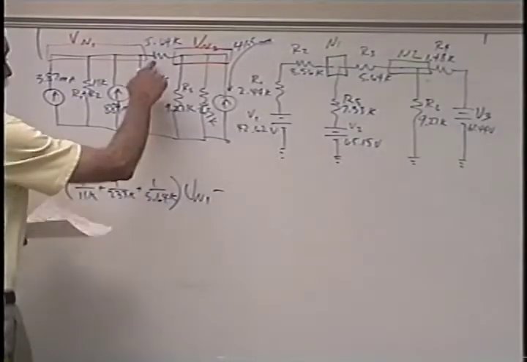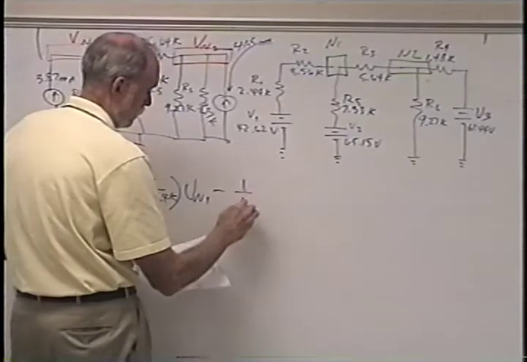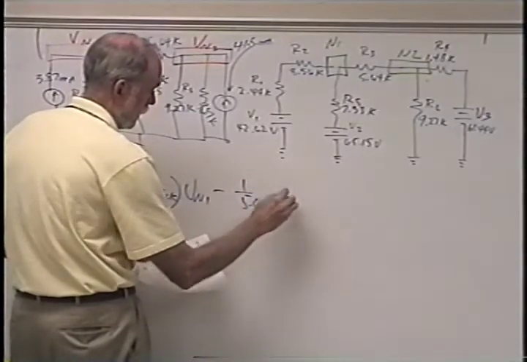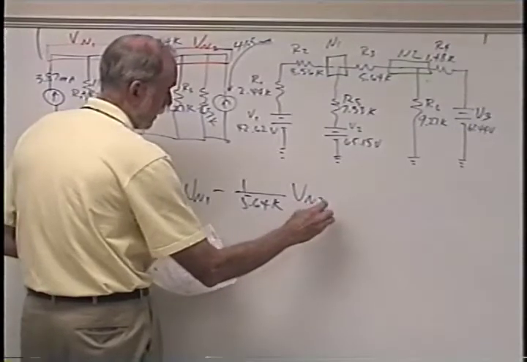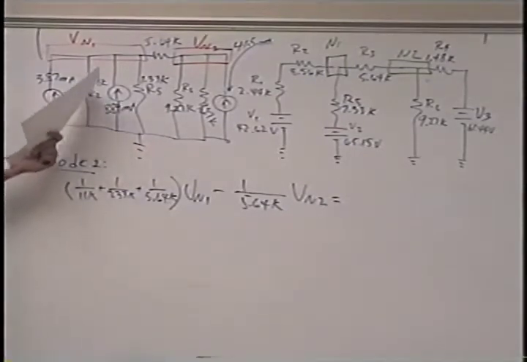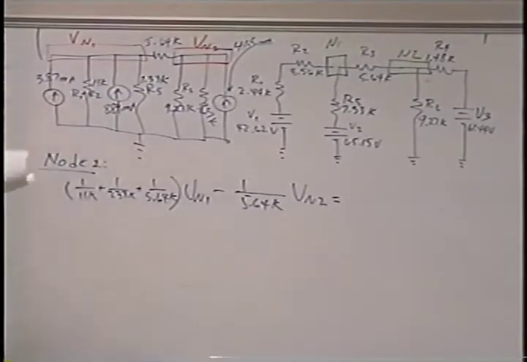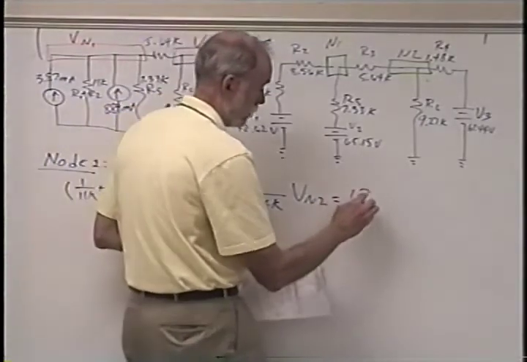That would be the reciprocal of 5.64K times the voltage at node 2. And the right-hand side of that equation would simply be the sum of the currents entering node 1. In this case, 8.89 plus 3.87 comes out to 12.7 milliamps.